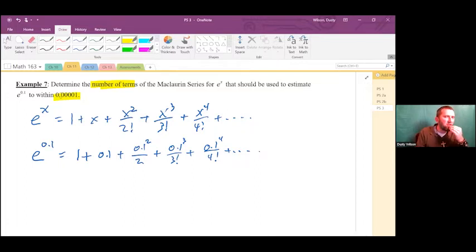So let's play with that error bounding formula for the Taylor series, which also works for the Maclaurin series.